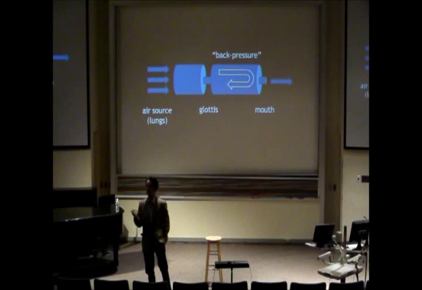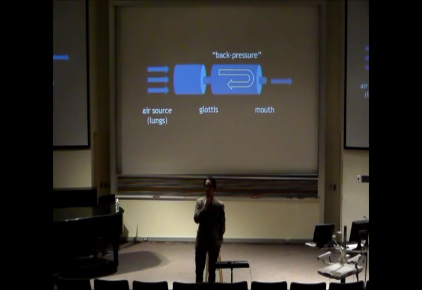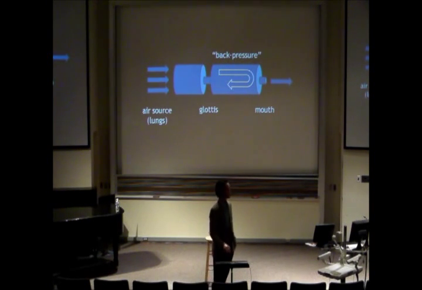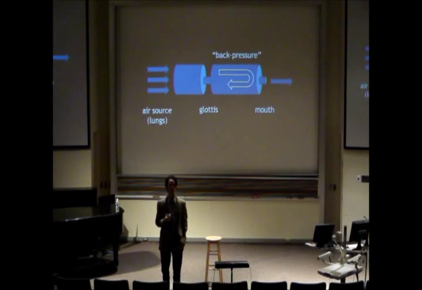That equalizes the two pressures. It releases some of the tension that we feel when we're trying to deal with this subglottal pressure. That's the reason that humming a semi-occluded vocal tract is easier to do.